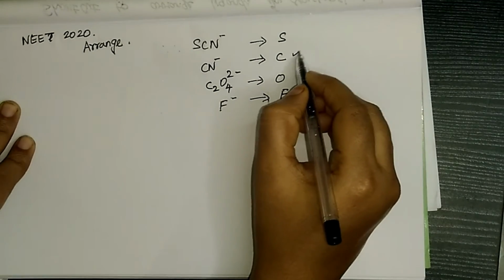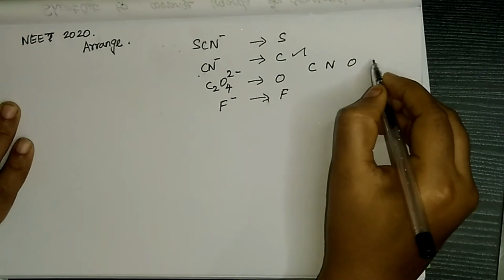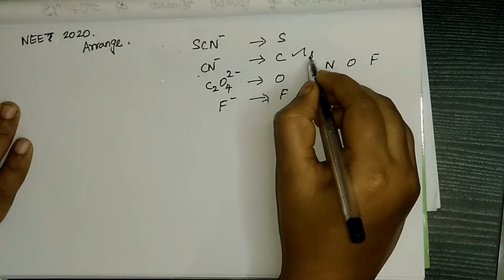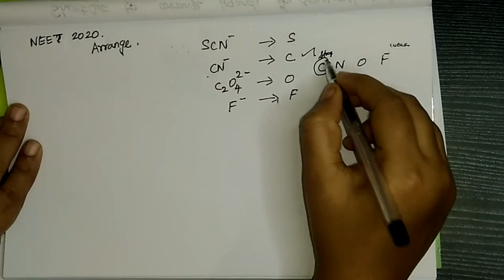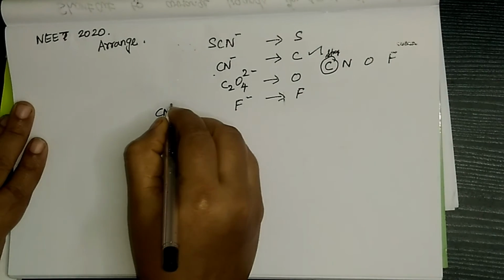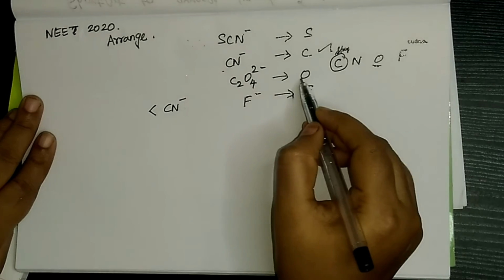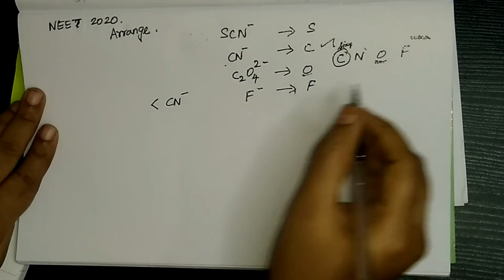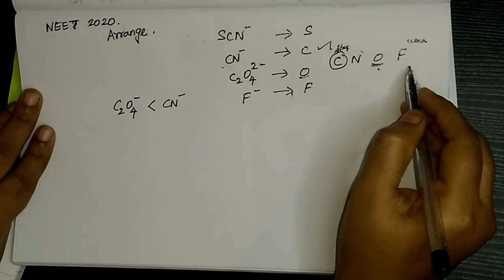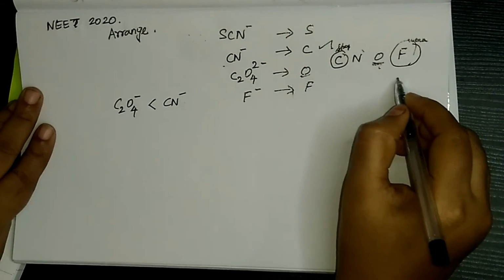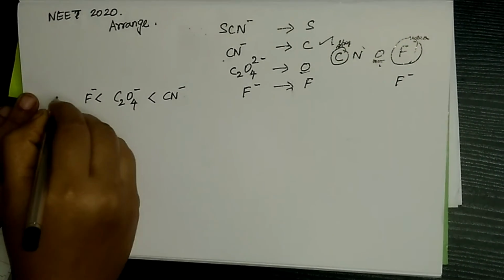Which will be the strongest? Because we have C, N, O and F. This will be strongest and this will be weakest ligand. So this is the strongest ligand. So CN minus is the strongest ligand. And then comes oxygen. So next is nitrogen, you have oxygen. So oxygen is the next one. And this then should be fluorine and SCN.